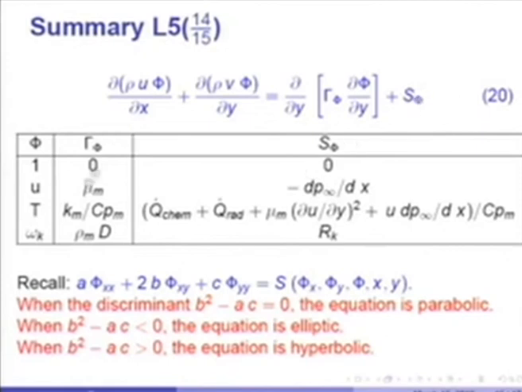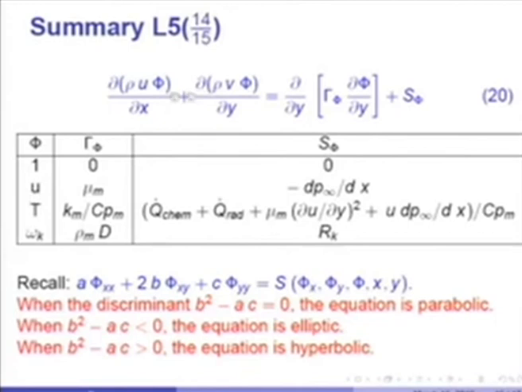It is good to get used to this form of generalization of the equations. You will see for phi equal to 1, you will simply have d rho u by dx plus d rho v by dy, and that term would be 0, and S phi is 0. It is essentially the mass conservation equation.